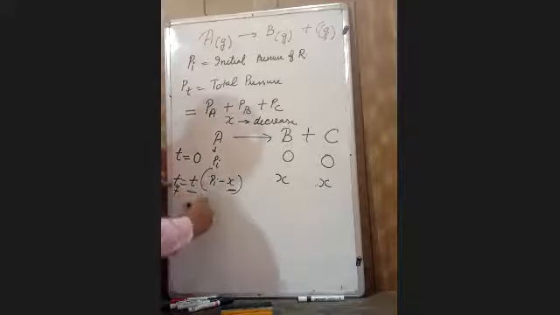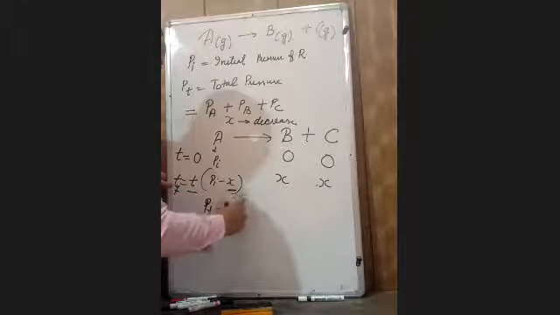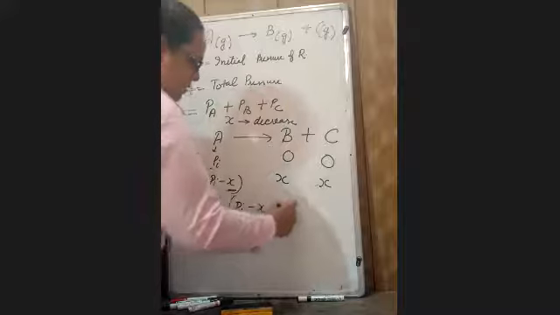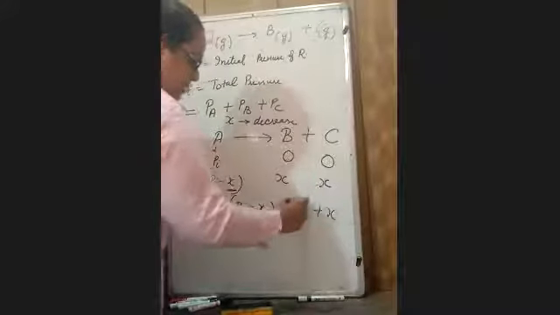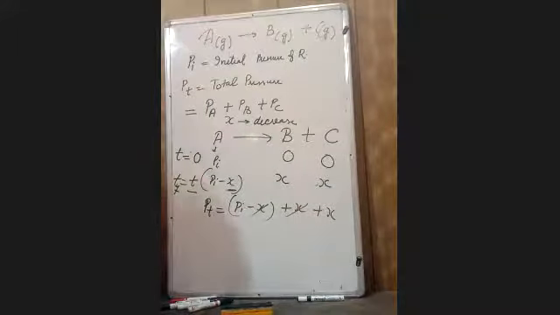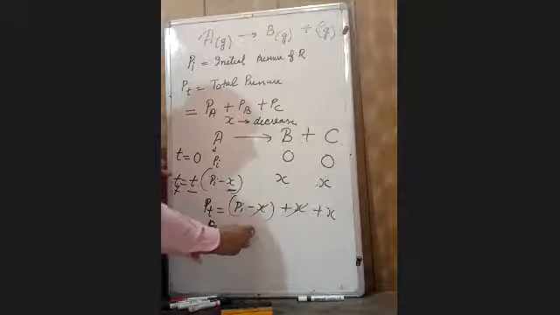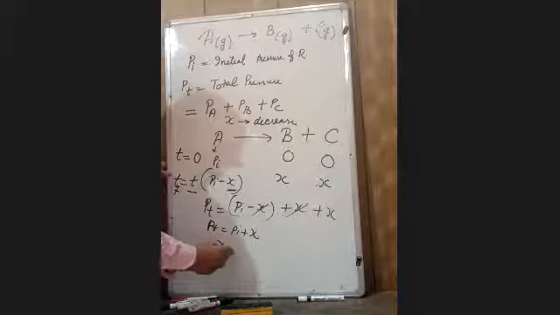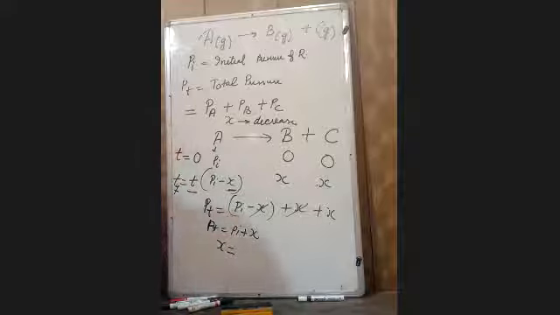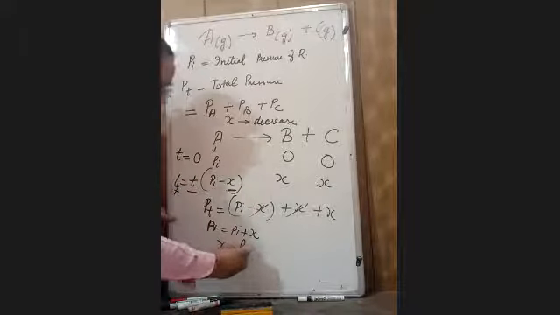So total pressure, please write, will be Pi minus X plus X plus X. So it will be how much? Total pressure is Pi plus X, or X will be Pt minus Pi.